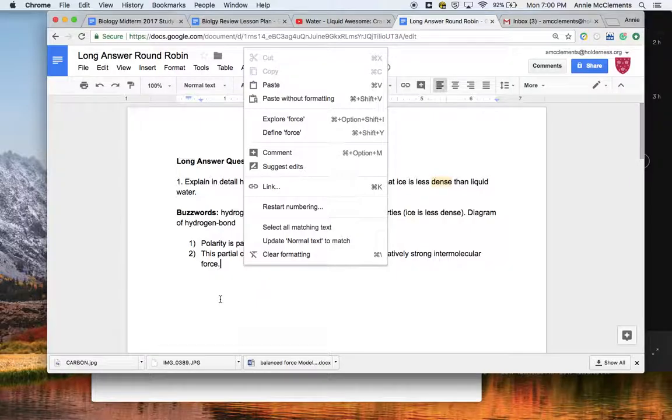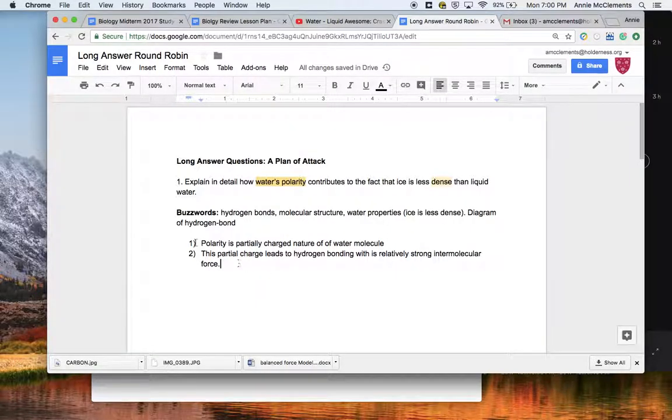So, we've talked about what is polarity, what is this thing that we're trying to show contributes to the density of ice, right? And then you're going to want to talk about hydrogen bonding in the different phases of water, right?